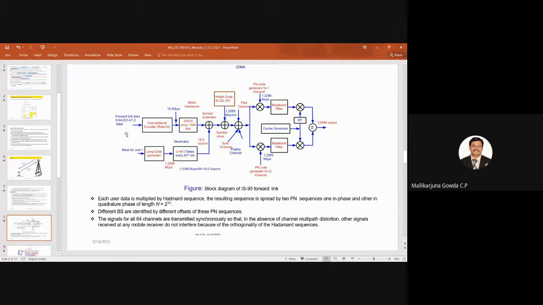Then after that, the next one is the block interleaver. Here it is written block interleaver, right?